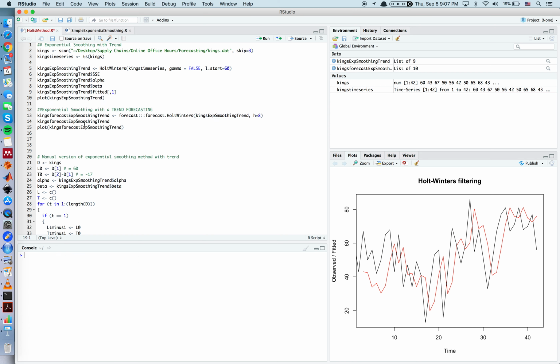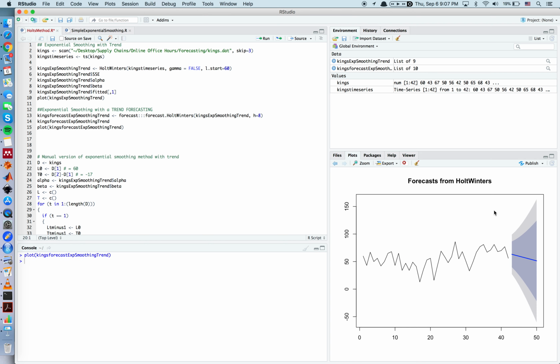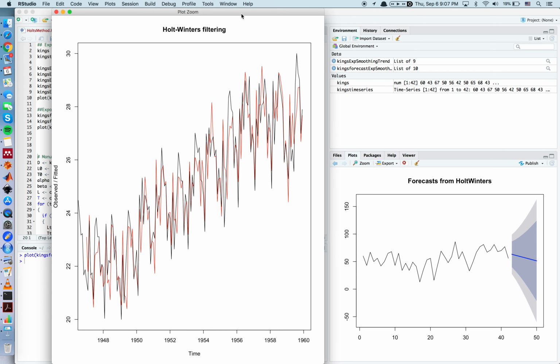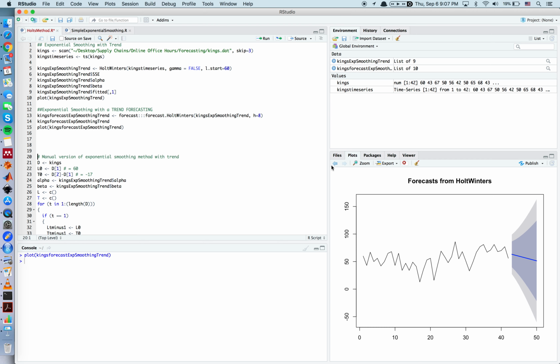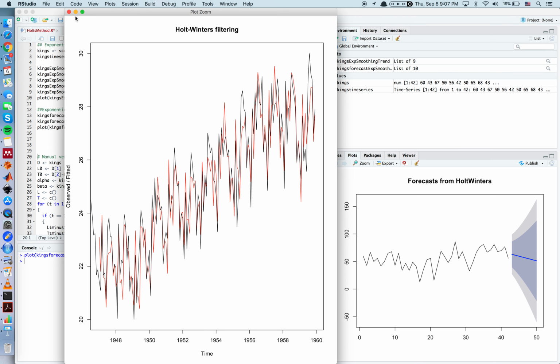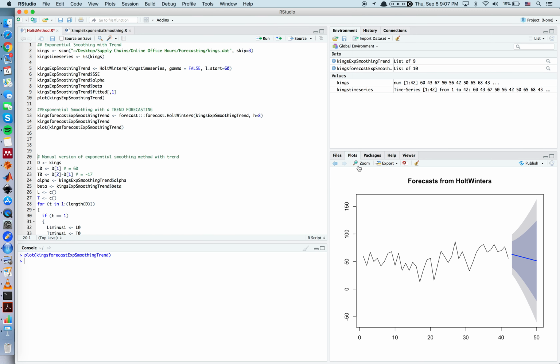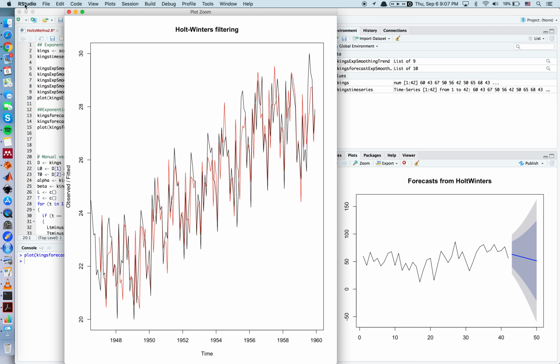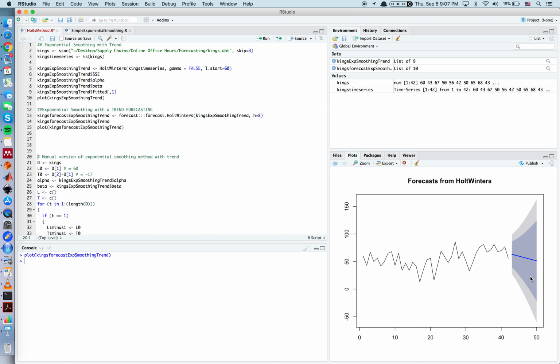And you can also plot the forecasts like before. Let's zoom in so it's easier to see. I don't know why it's insisting on this plot. But anyway, let's maybe zoom like this. No, it doesn't work.